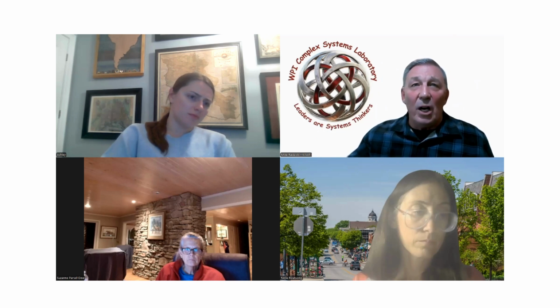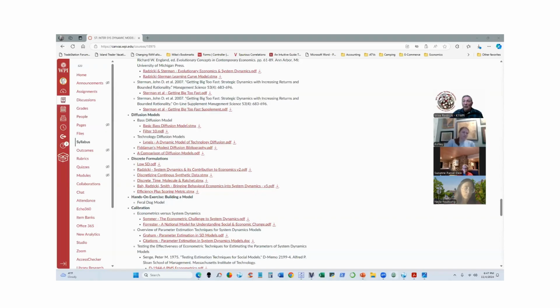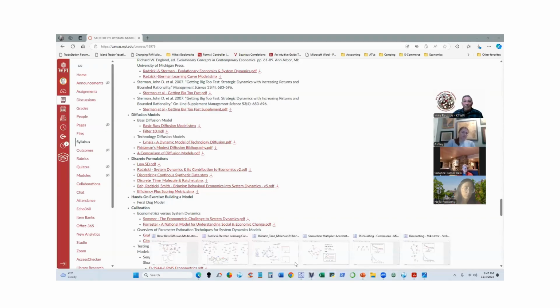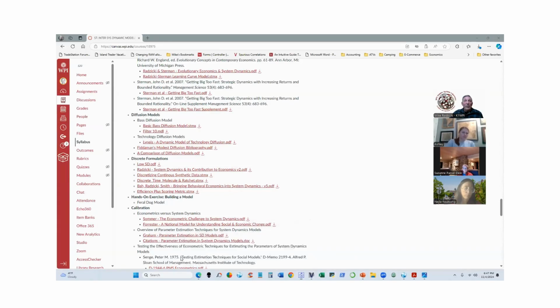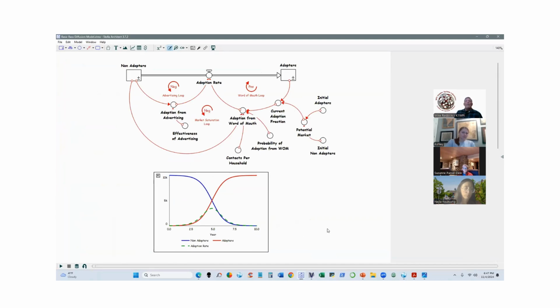So you might recall from 550 that this is the basic Bass diffusion model, or some offshoot of this. It more or less looks like this. Basically you have an advertising loop.